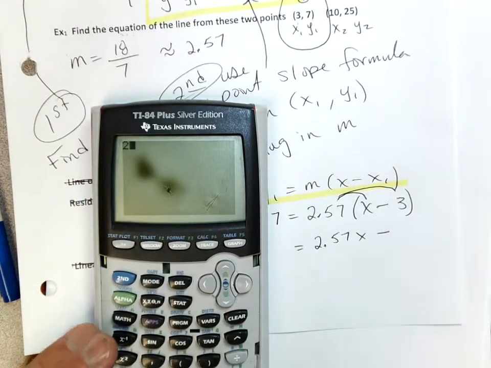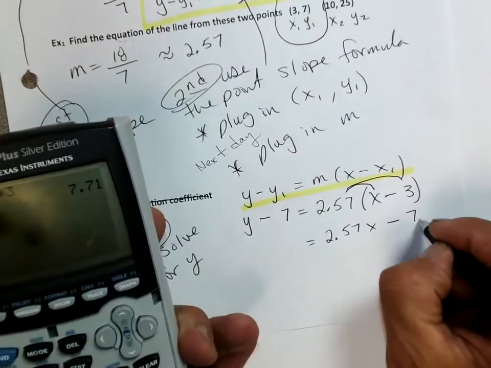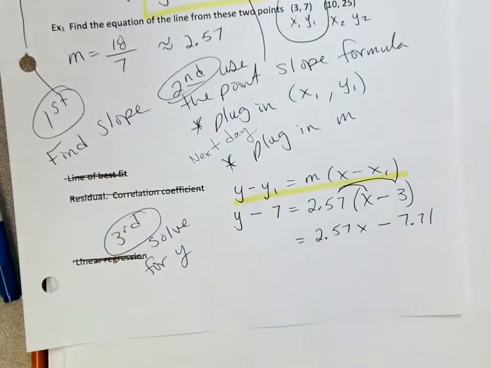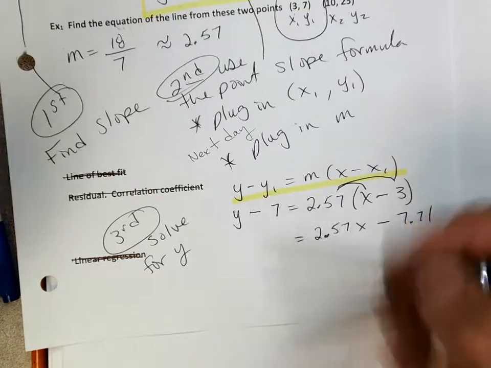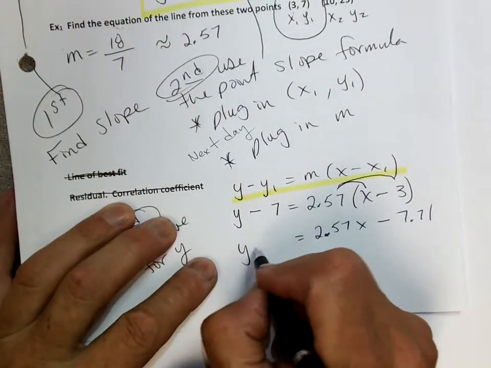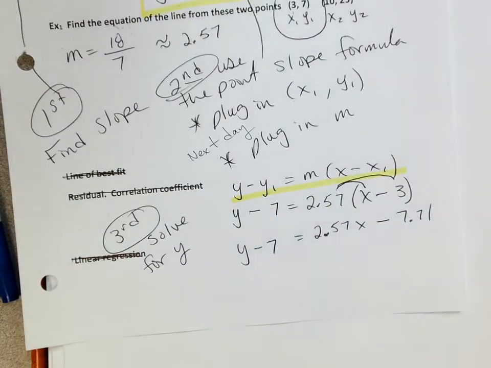What is 2.57 times 3? 7.71. So I'm not done. All I did was distribute, because I want to simplify. So 2.57 times x, 2.57 times 3. How am I doing? Thumbs up. Now let's slide down the y minus 7.